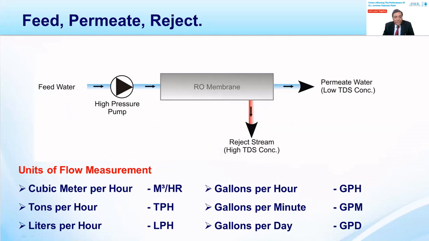Normally, the unit which we use is cubic meter per hour, as the density of water is 1, therefore its mass and volume are the same. 1 liter is equal to 1 kg, and sometimes we call the unit tons per hour, sometimes liters per hour, gallons per minute, and gallons per day. These are the terms which will be used in our presentation.